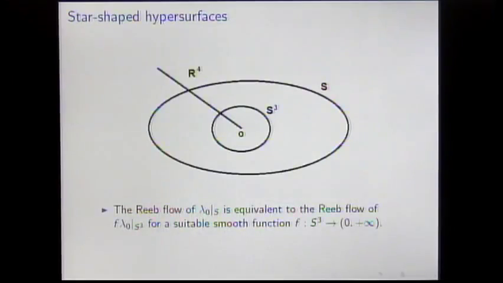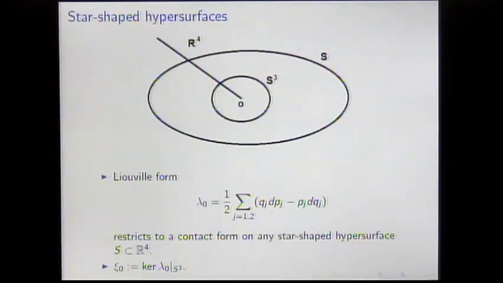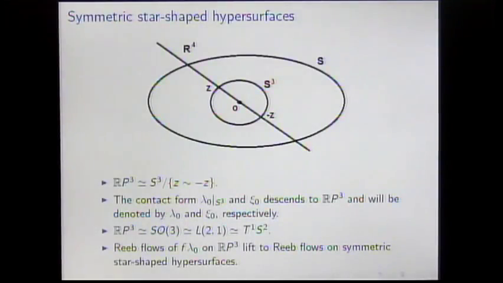And because of the form of the contact form, we see that the contact form lambda naught descends to a contact form on this quotient. So we also have a contact structure on RP3. This is exactly the contact structure, which is called universally tight, that we will consider in this work.